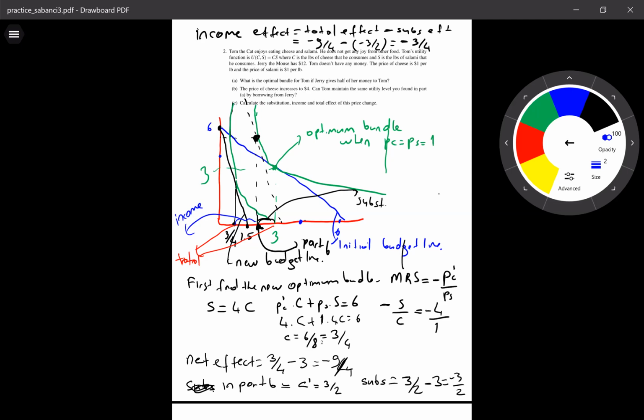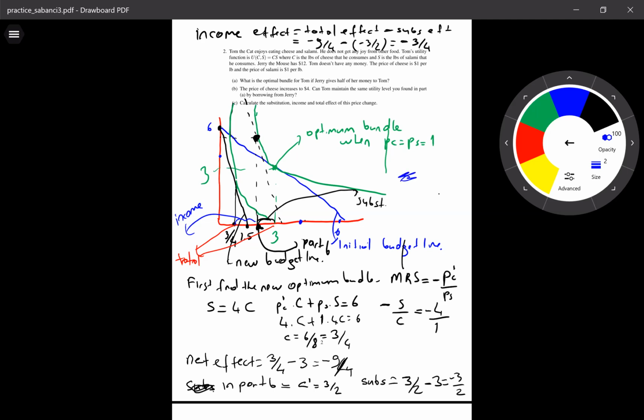Okay. So in the context of our course, I will ask questions in which only the price of one good changes. The reason I say to put the good whose price is changing on the x-axis is just for visualization.